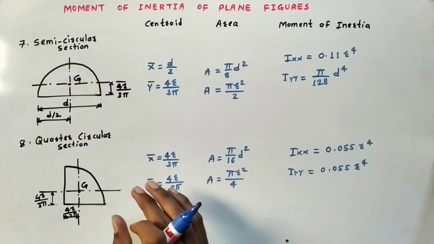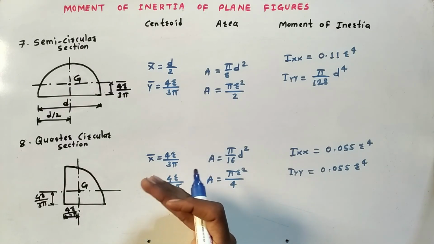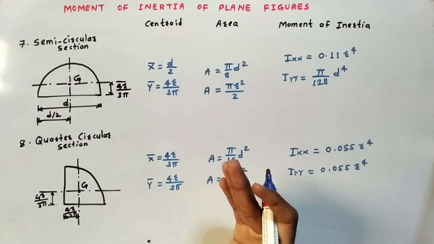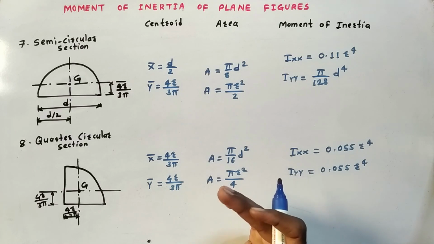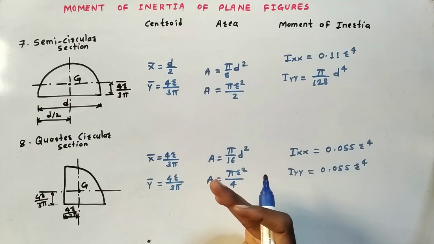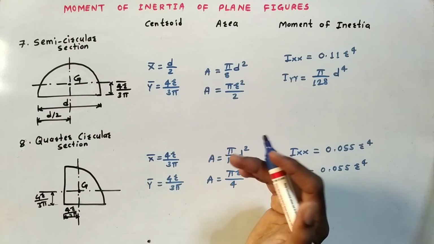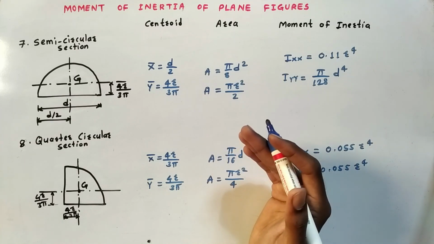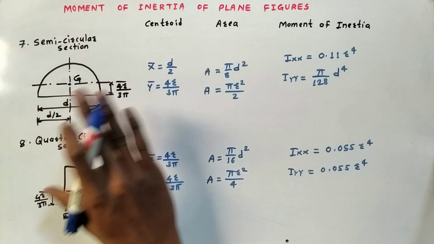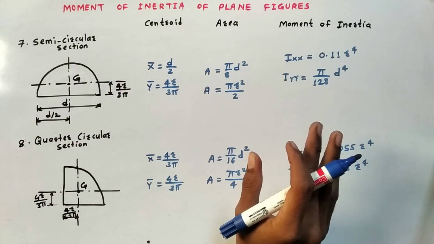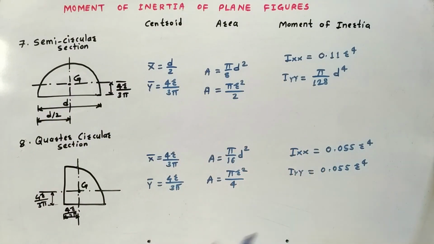Anything other than these is known as a composite figure or composite area or composite lamina. In the next video we will see how to find the moment of inertia of composite figures by using these plane figures. So thank you very much.